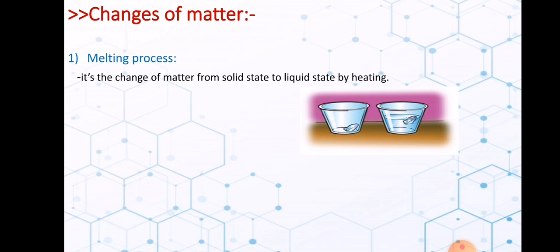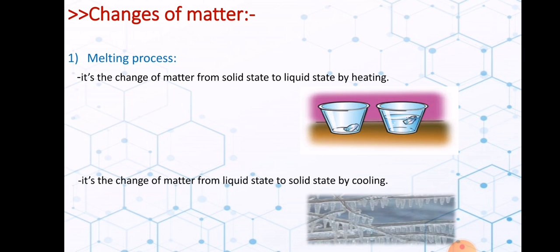This is process number one, the change of matter from solid state to liquid state by heating. Process number two is the change of matter from liquid state to solid state. For example, if we bring a cup of water and put it inside a freezer, the cup of water, which is liquid state, will change into ice inside the freezer, which is a solid state.